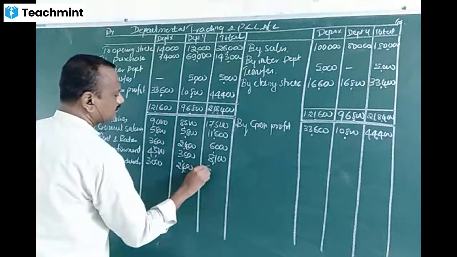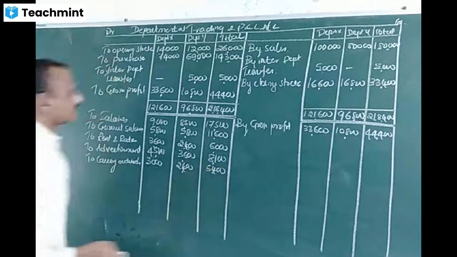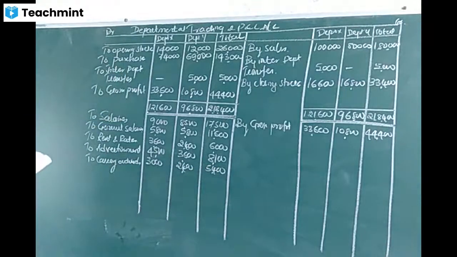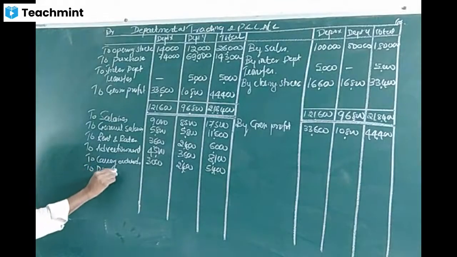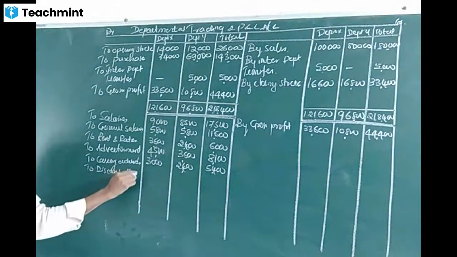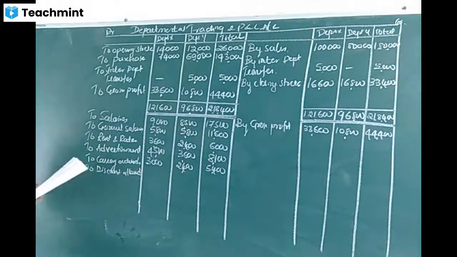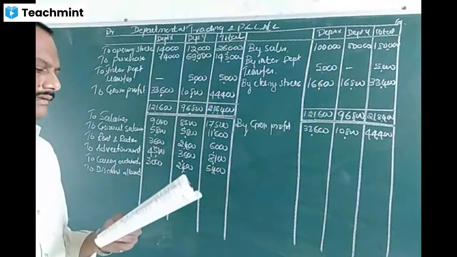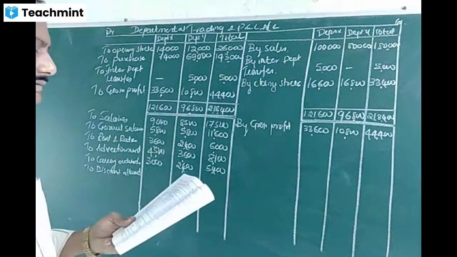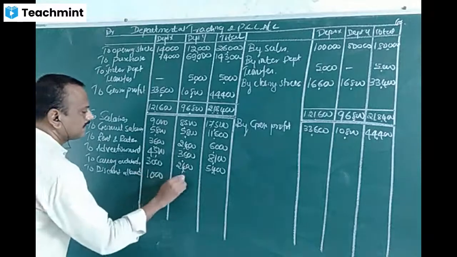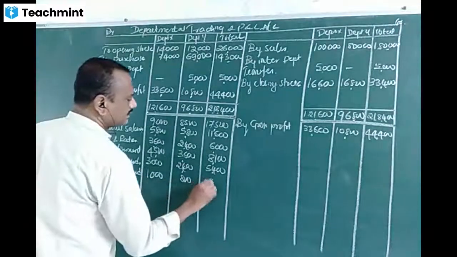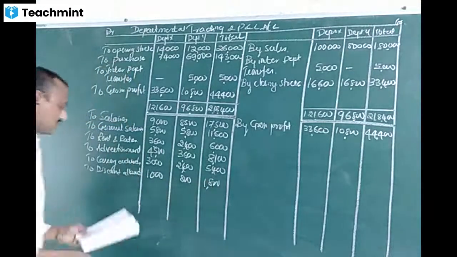Total will become 5,400. Next, discount allowed. How much is it? 1,000 for X and 800 for Y. Total will become 1,800.